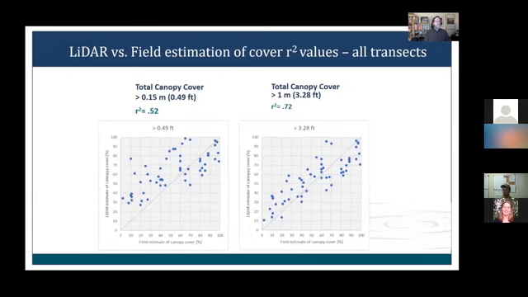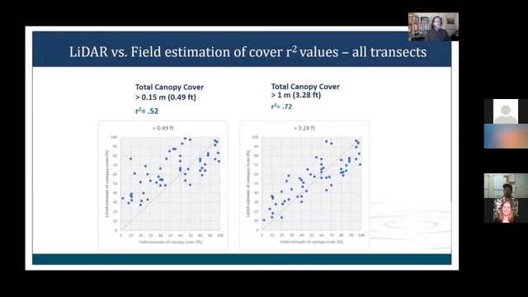Just to go into this a little bit further, both of these plots are looking at total canopy cover. The one on the left is looking at total canopy cover from 0.15 meters and above. Essentially, if you were lying on the ground looking up to the canopy, that's what you'd be seeing. R-square is 0.52, not bad, but not great either.